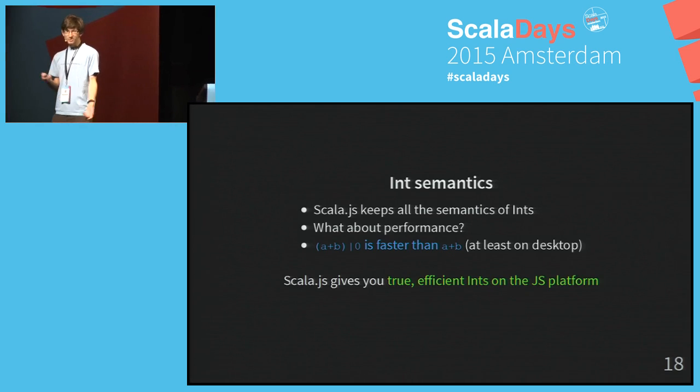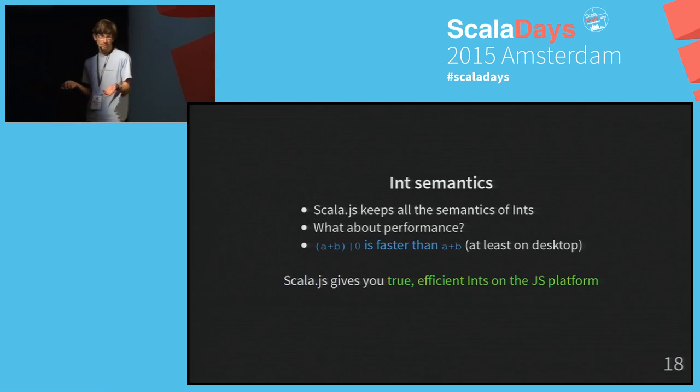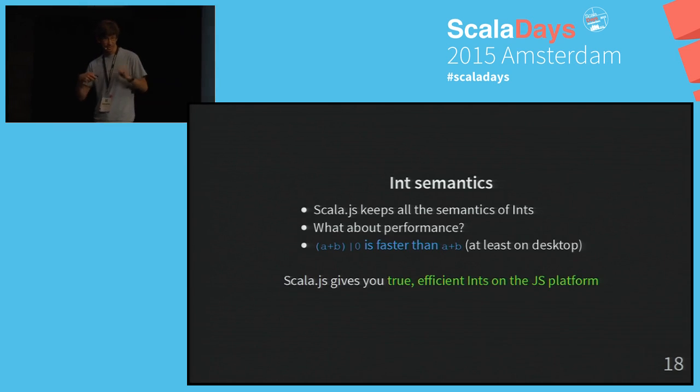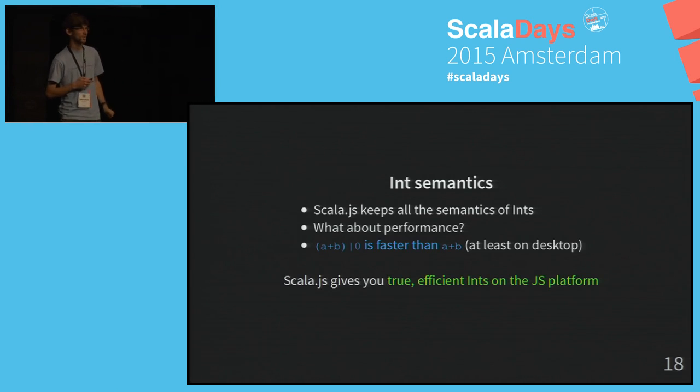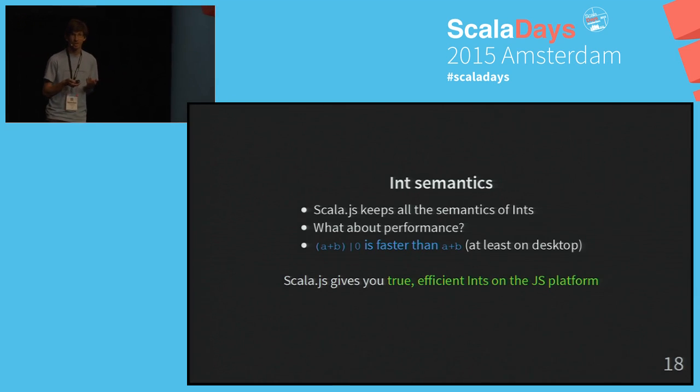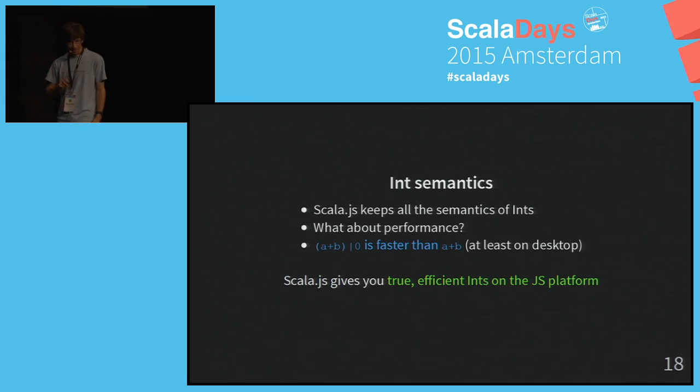So now Scala.js gives you true, in the sense of same as on the JVM, and efficient ints on the JS platform. More efficient than what you would write by hand, because let's face it, if you write JavaScript by hand, you will never introduce this binary or zeros all the time, right?